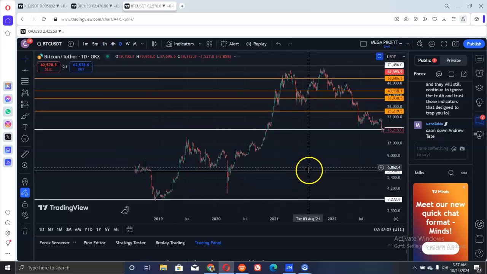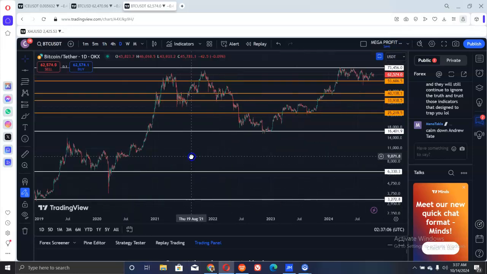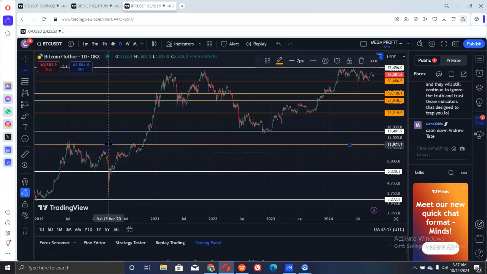Okay, you can see there is another key level here. There is a key level here, so you have to mark this key level here of a support.